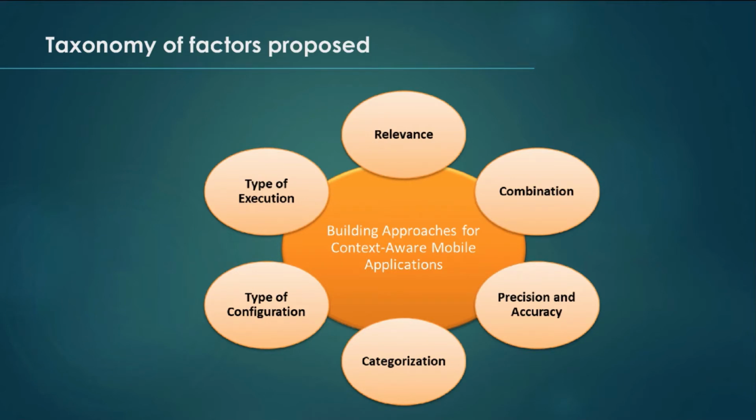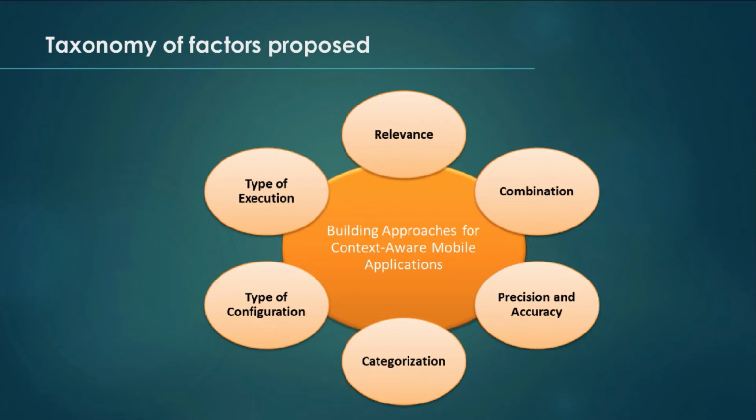For example, some indoor location sensing mechanisms could be combined in order to work more precisely. Precision and accuracy for each sensor, for example, GPS. Each indoor sensing mechanism has its own configuration. Passive configuration, which the user performs manually.